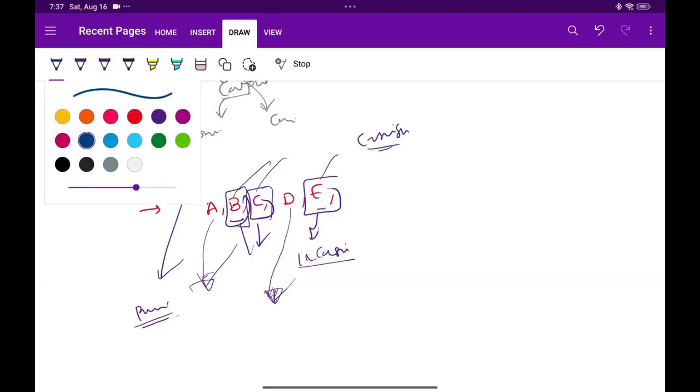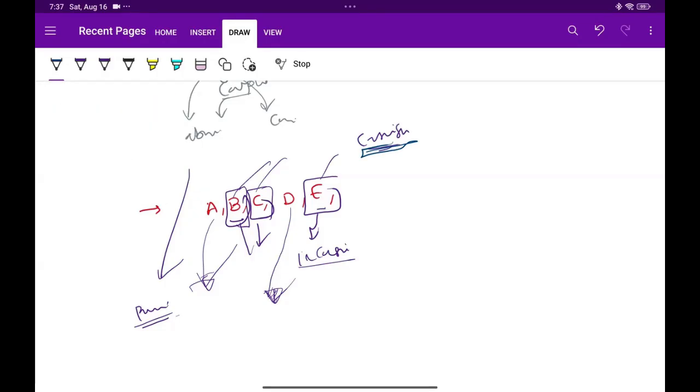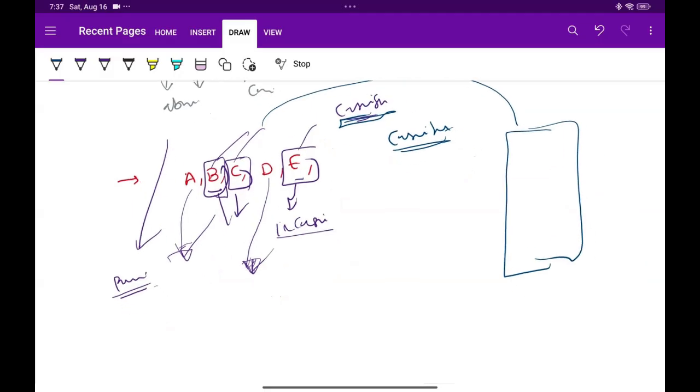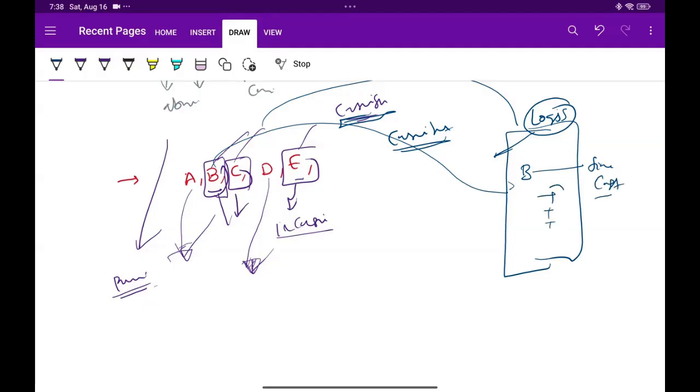Seeing that inconsistent data, how can we make B, C, E consistent? It needs to check again what logs are there. By seeing that log, B's last final state, which is consistent, and some 2-3 modifications have been done by some transaction, but this transaction is not yet committed, so we have to remove this state.